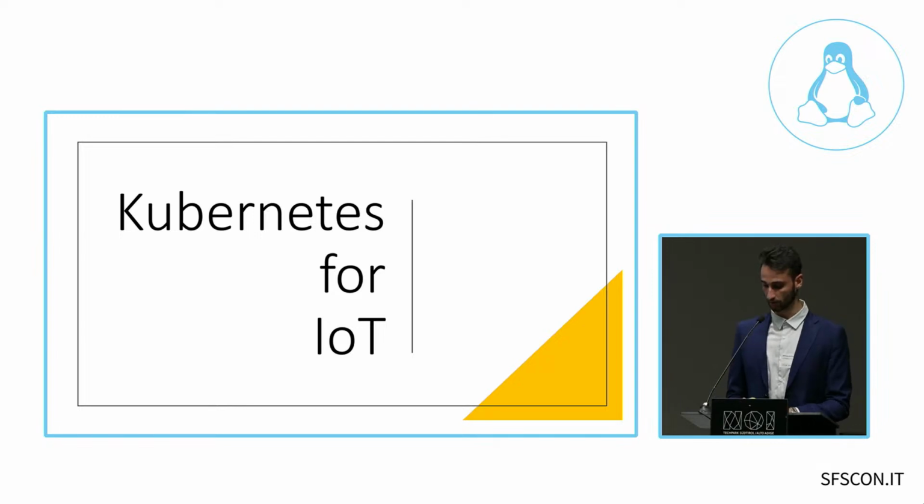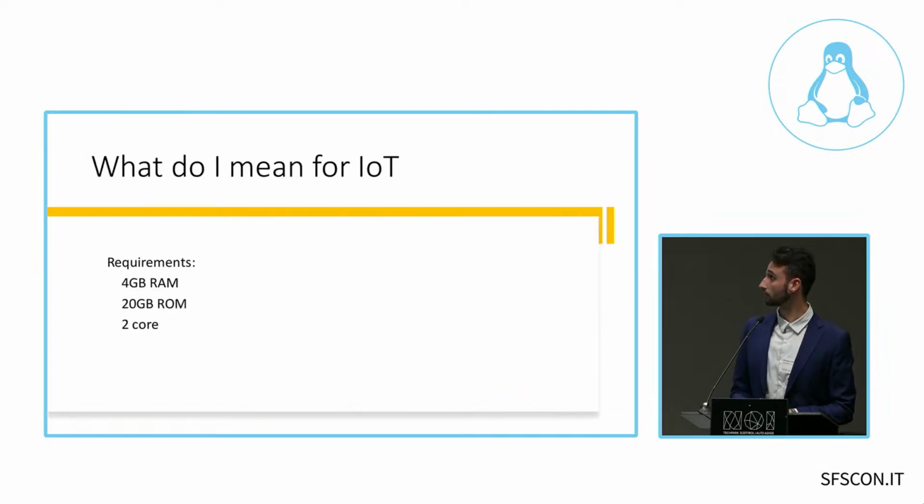So the first topic I want to discuss is what I mean by IoT, because looking online, we can find very different opinions about the IoT world. IoT is usually also called edge computing or simply edge.